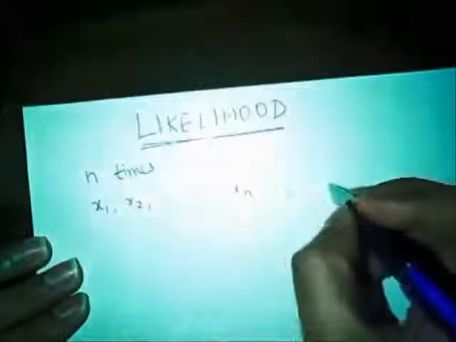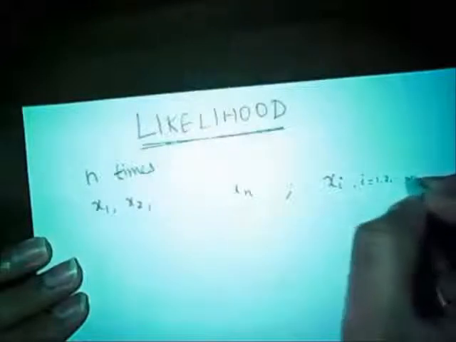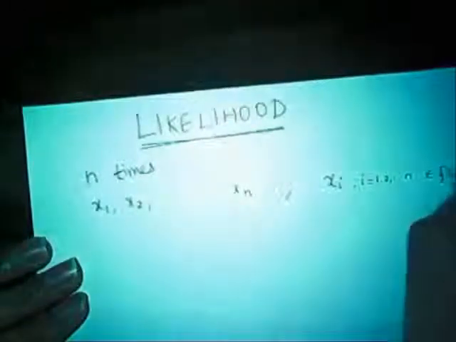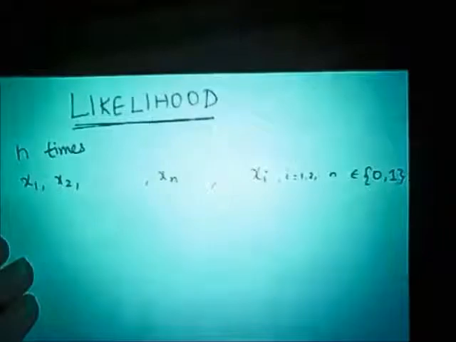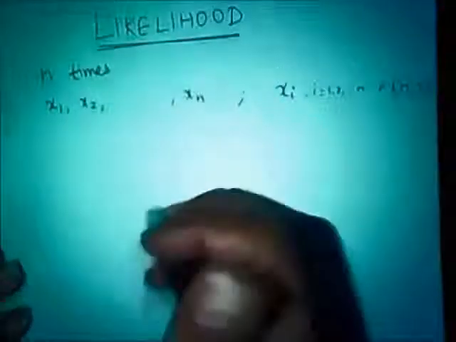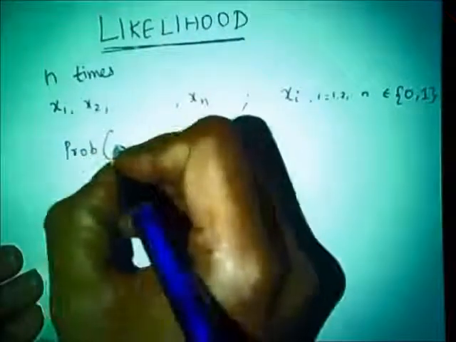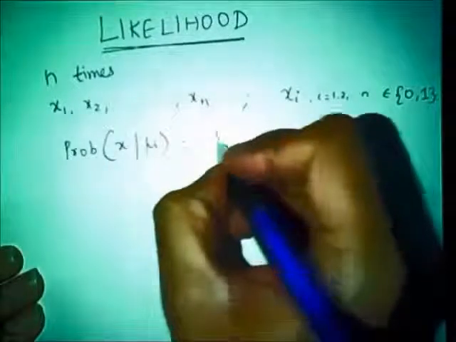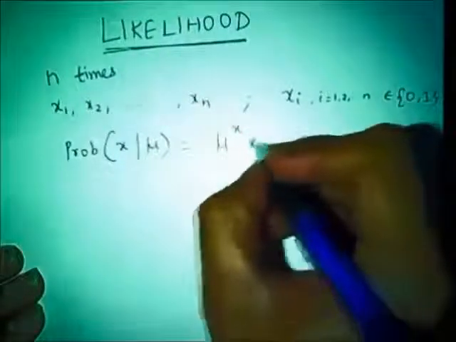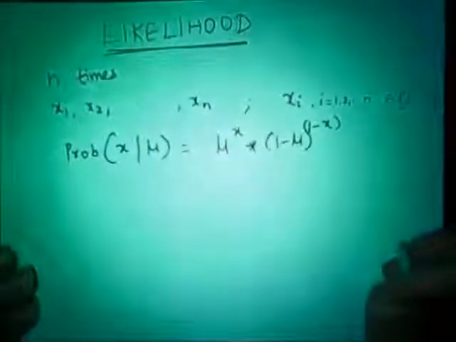You may recall that any of the xi's, where i equals 1, 2 up to n, is either 0 or 1, where 1 represents an outcome of head and 0 represents an outcome of tails. And like earlier, we'll assume that the probability of x given mu would be mu to the x multiplied by 1 minus mu to the 1 minus x.